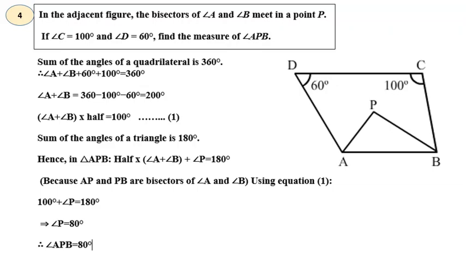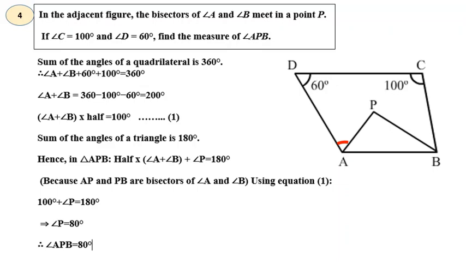Angle A is what? Angle B is what? Angle A is actually double that. AP is the bisector. So you can see here, I have shown now.